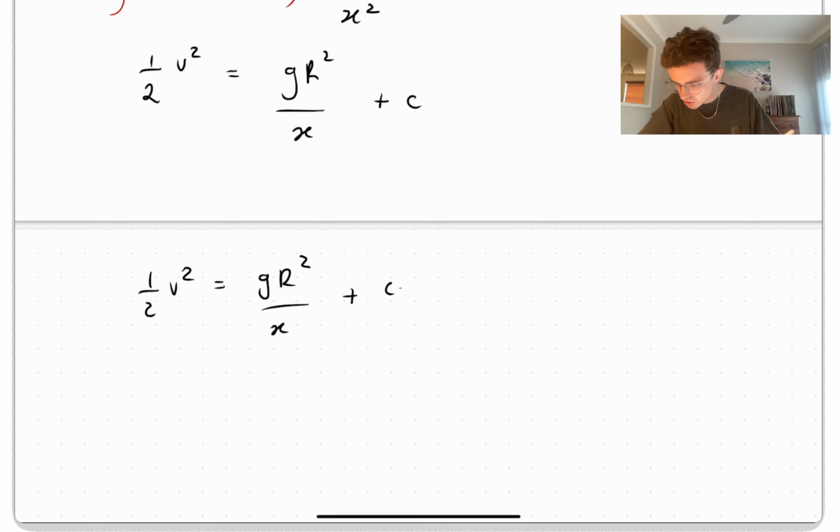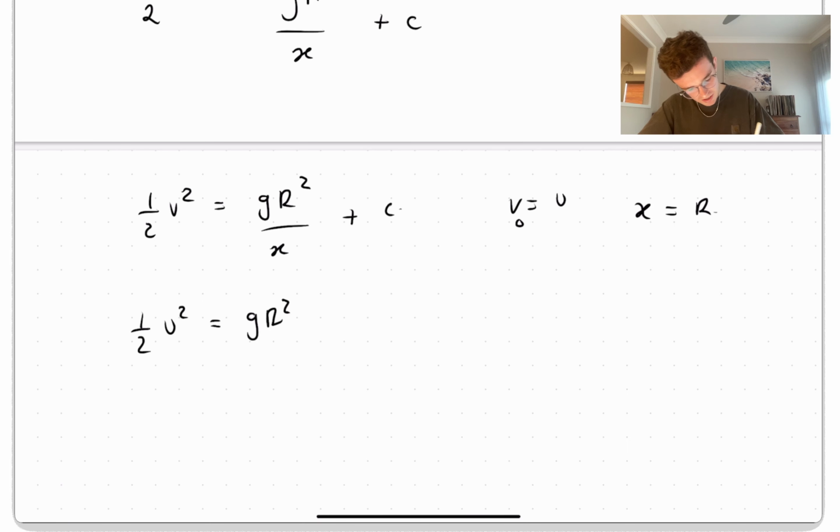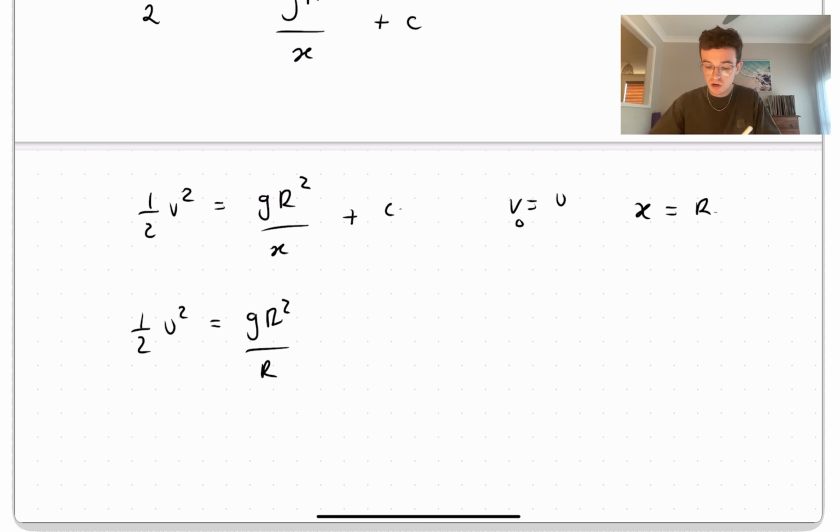Now we want to know what this constant c is here. We do know that the initial speed is u, and that is at a distance of x equal to r. So a half u squared is equal to g r squared on r. That's because the initial velocity is u at the surface of the Earth, and the distance from the center of the Earth is r, because we've defined x to be the distance from the center of the Earth, plus c.